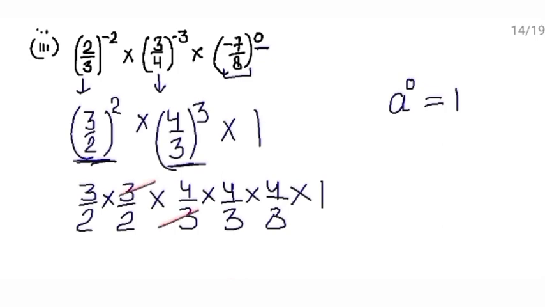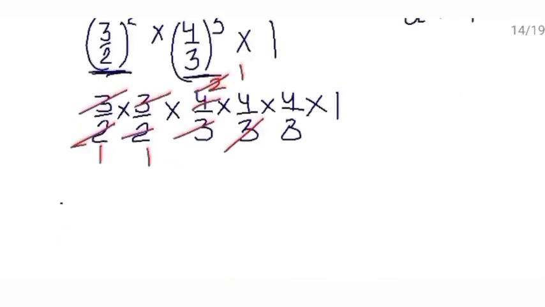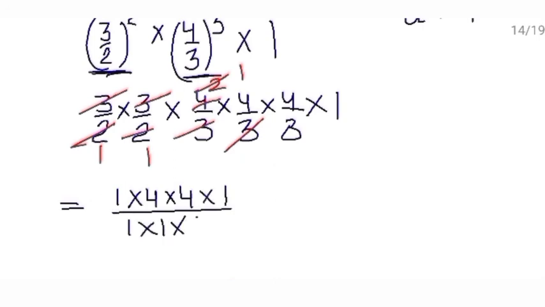This 3 and this 3 can be cancelled out. 2 ones are 2, 2 twos are 4. Again 2 ones are 2, 2 ones are 2. So in numerator you have now 1 multiply 4 multiply 4 multiply 1, and in denominator you have 1 multiply 1 multiply 3. This is equals to 4 4s are 16 upon 3 1s are 3.